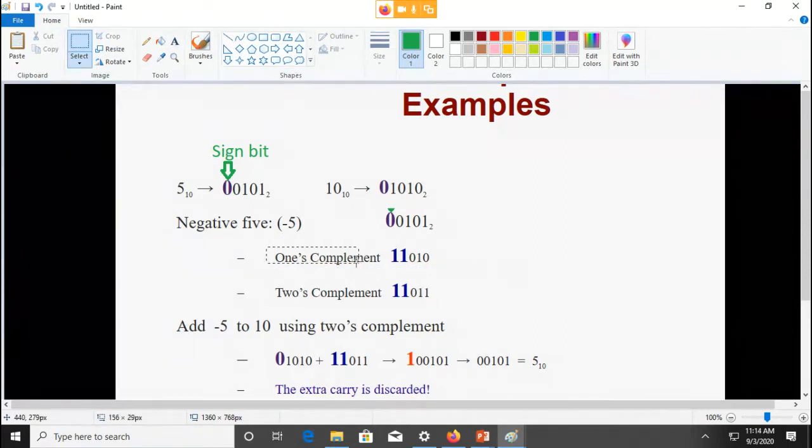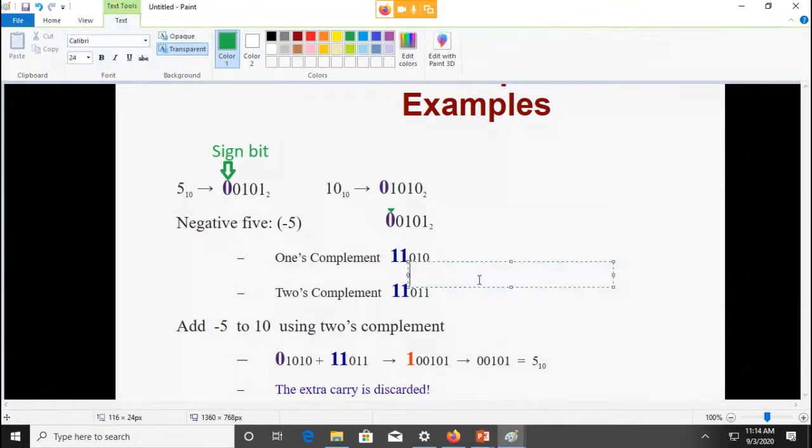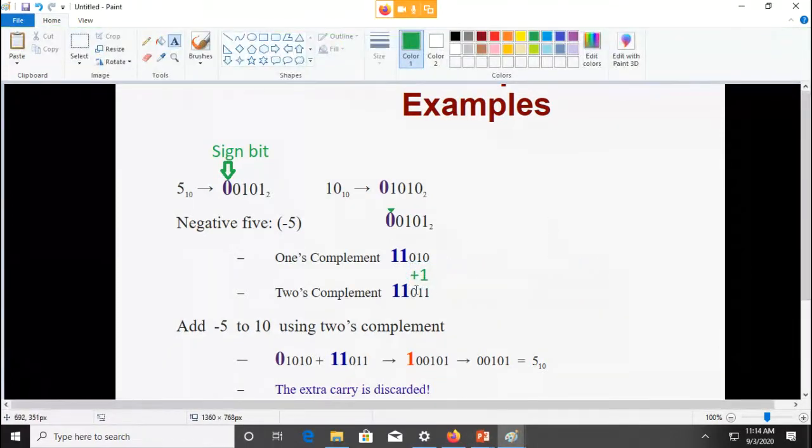So if we have the 1's complement and we simply add one more to it, that gives us the 2's complement. You see here, here's the 1's complement. 11010 is the 1's complement of a +5.